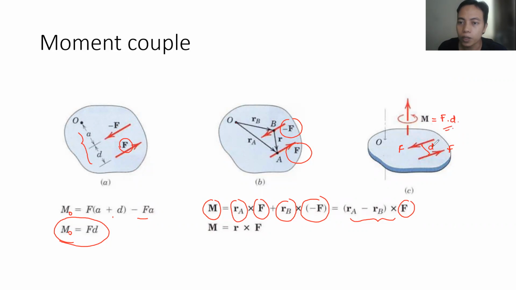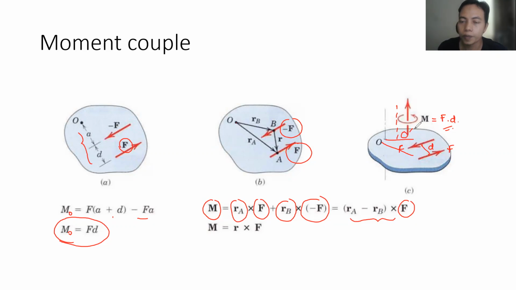And this magnitude can be applied at any point. So it doesn't change if we move the rotational point to point O or to the O axis, because the position does not influence the moment couple.